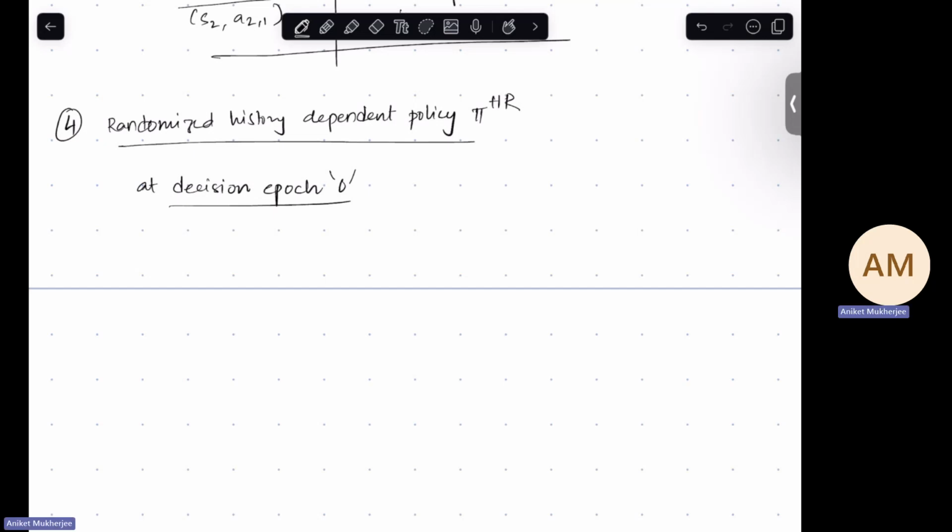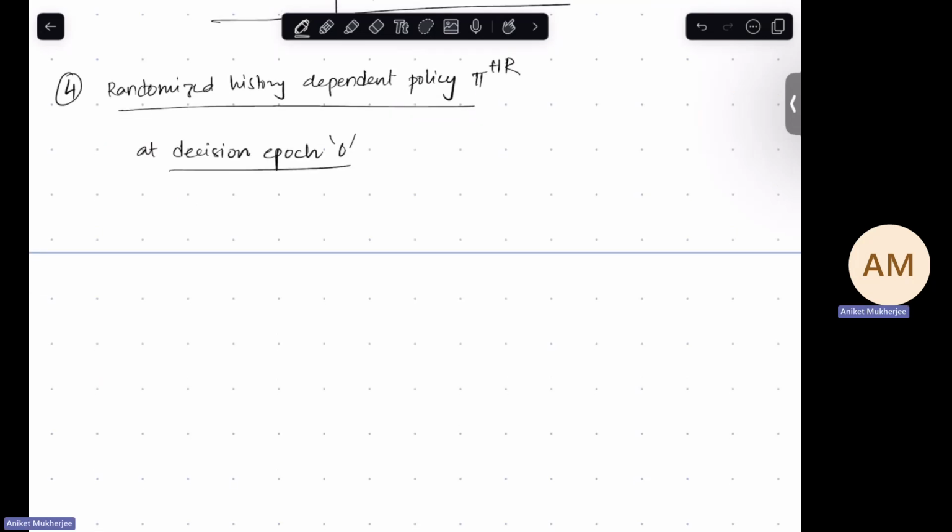so at decision epoch 0, now because you are writing down the randomized history dependent policy, you would again give a probability distribution function given what state you are among all the actions. So here I would refer to this as B0 HR S1, A11.